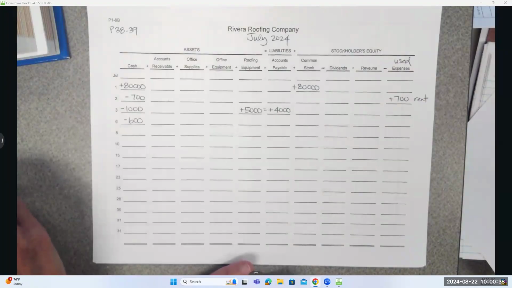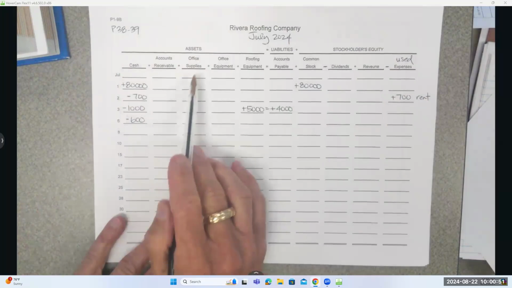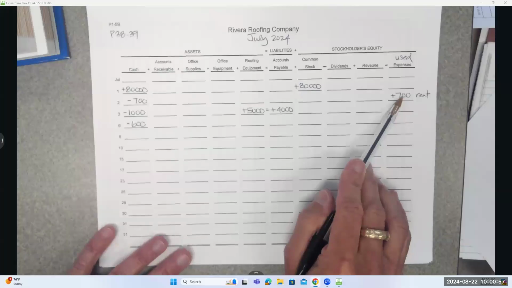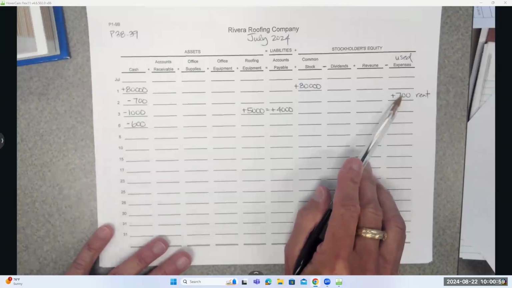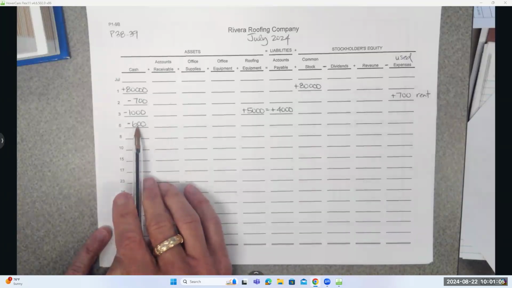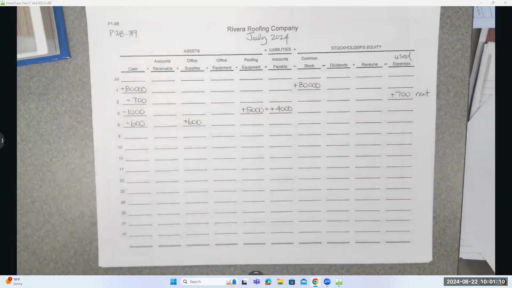It says we bought supplies. So we cannot assume we're going to use all of them. So since we don't really know, since the month isn't over yet, we're going to put it all in the asset first, and then any that we do use will move over to expense later. So we paid $600 for supplies, and we now have $600 worth of supplies, some of which, maybe all, will be used in July, but we just don't know yet.